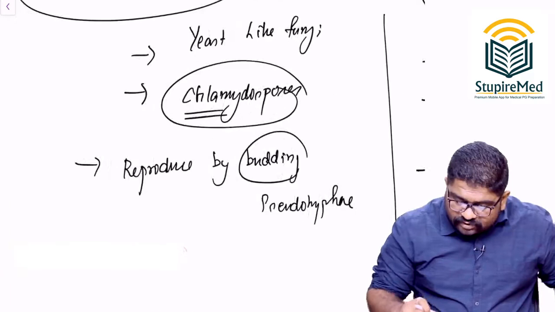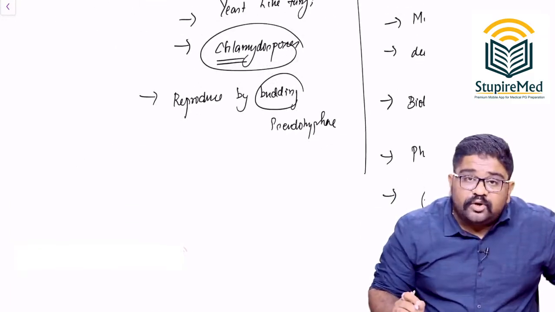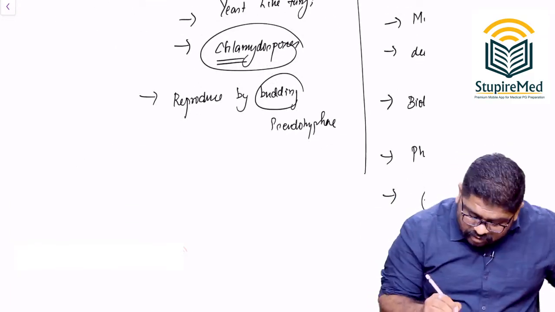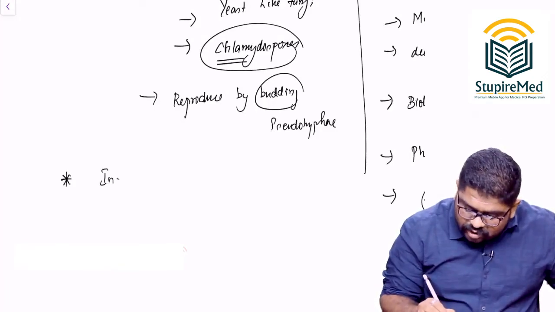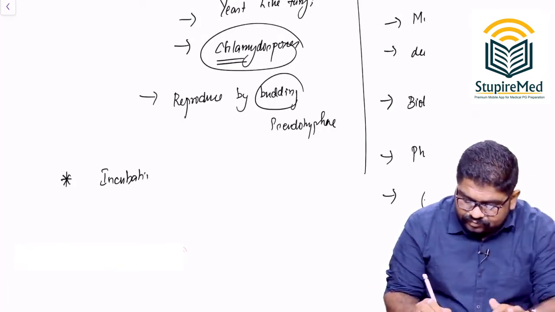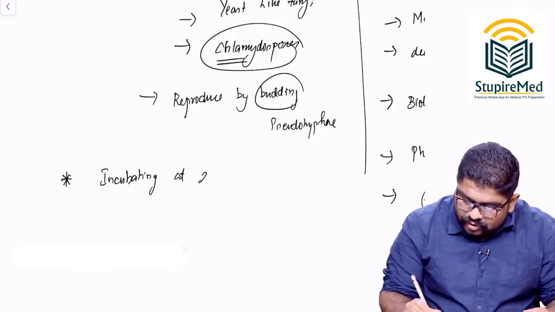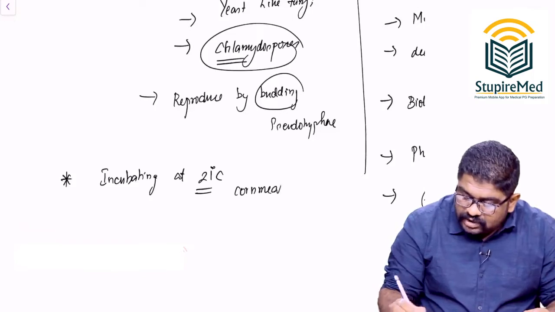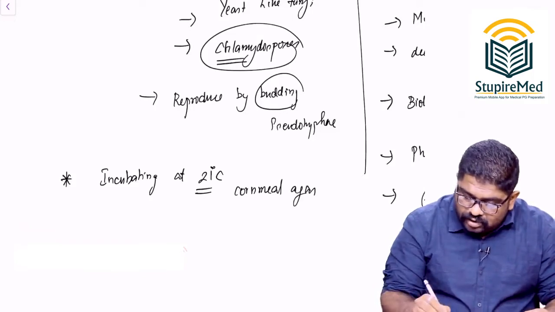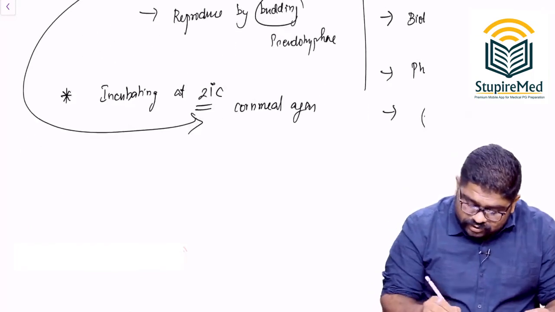Okay, what else have you to know about Candida albicans? You can test for the organism by growing or incubating them at 21 degrees Celsius in corn meal agar. It throws out chlamydospores.